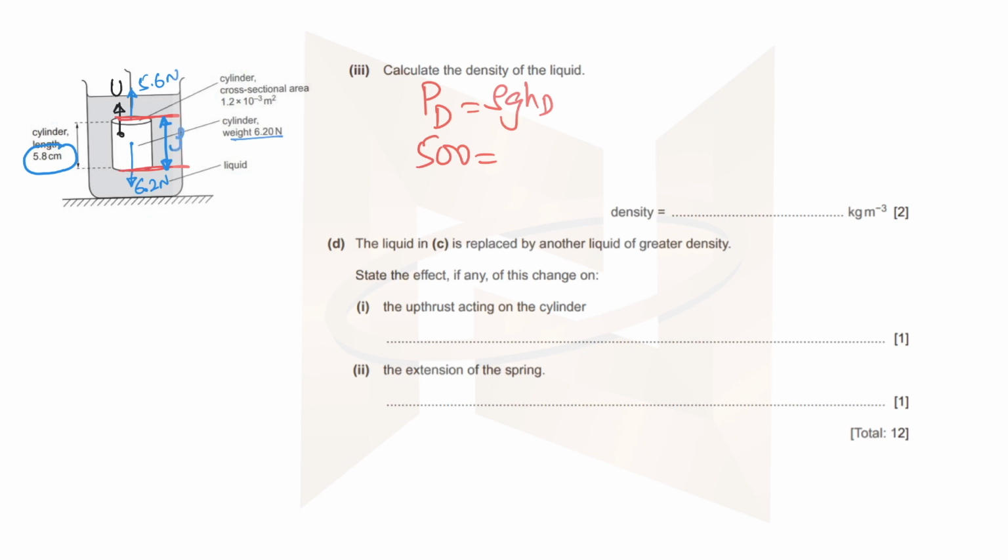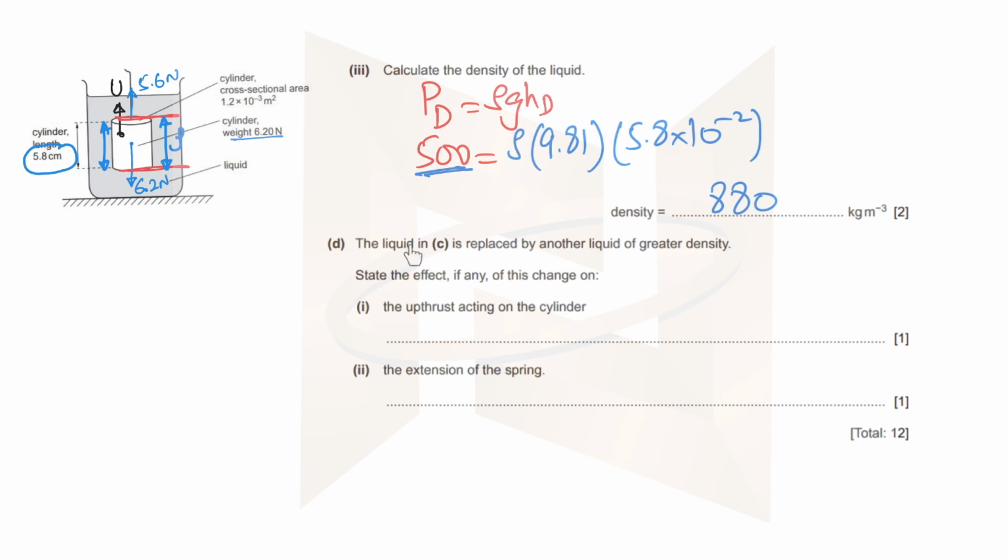So we're basically using this amount of liquid to generate this pressure difference. The pressure difference was between the top and the bottom surface, right? So between the top and the bottom surface, what was the height of the liquid? 5.8 centimeters. So 500 is equal to rho, which we have to find, times gravity, which is 9.81, times height difference, which is 5.8 times 10 raised to power minus 2. And that answer is 880 kilograms per meter cube.